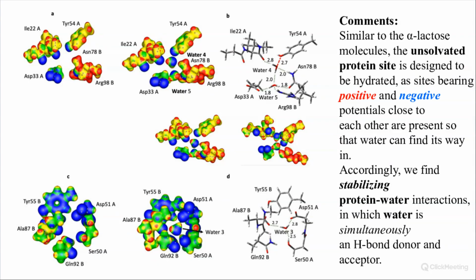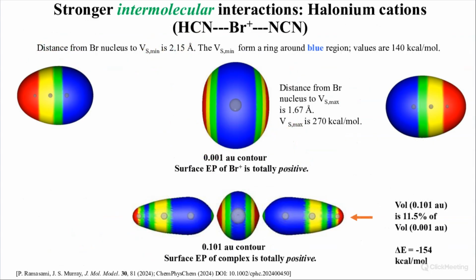And so we have water here, we have water here, and accordingly, we find the stabilizing protein-water interactions in which water is simultaneously a donor and an acceptor of hydrogen bonds, and it can be up to 4.